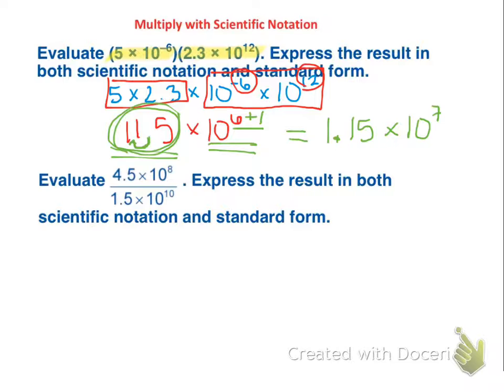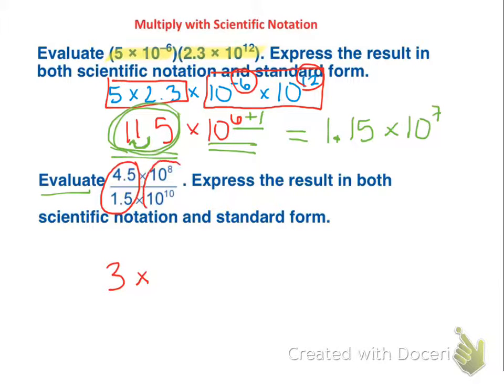Let's try another example. Notice in this one I've got division. Again, I could change both of these into standard notation and then divide them and then convert them back into scientific, but that's going to take a lot of work. Instead, notice that these are normal numbers. I can just divide them. 4.5 divided by 1.5 is 3.